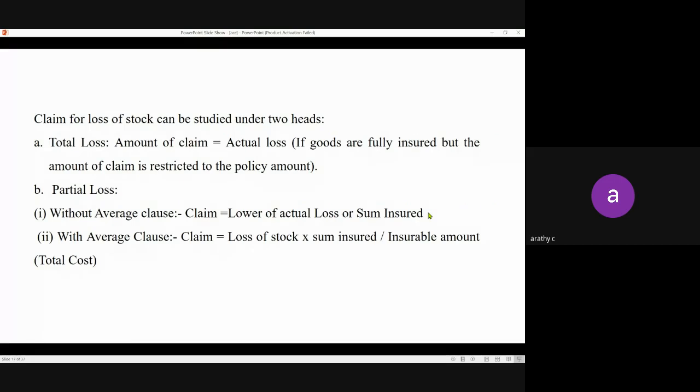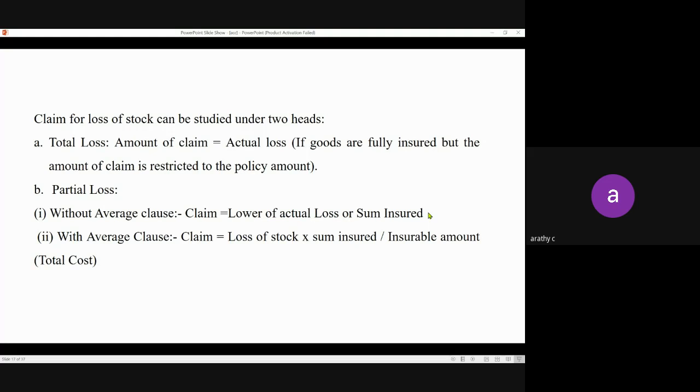There are mainly two types of claims: claims for loss of stock and claims for loss of profit. First, we discuss the claim for loss of stock. This claim can be studied under two heads: the first one is total loss and the next is partial loss.